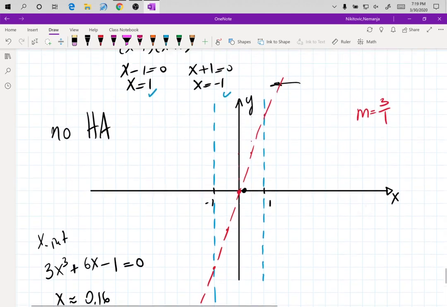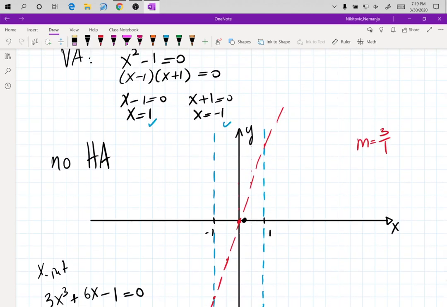We're going to do the same thing on the other side. The blue and the red lines will go forever. And we're going to have this, and we're going to have this. Again, this one would create a non-existing x-intercept.